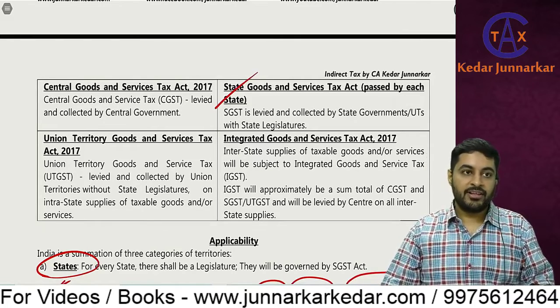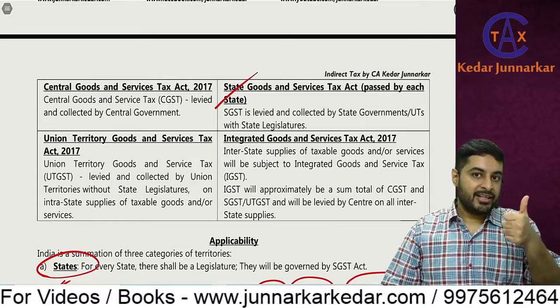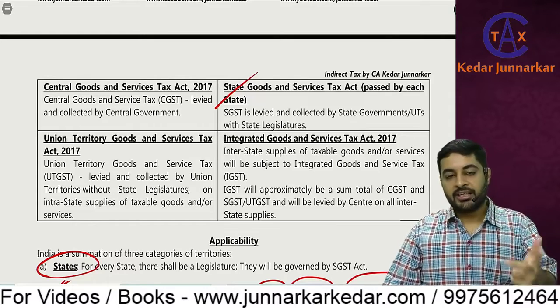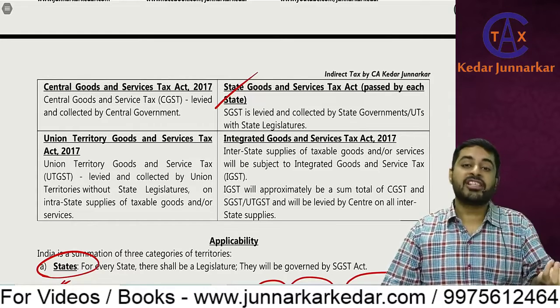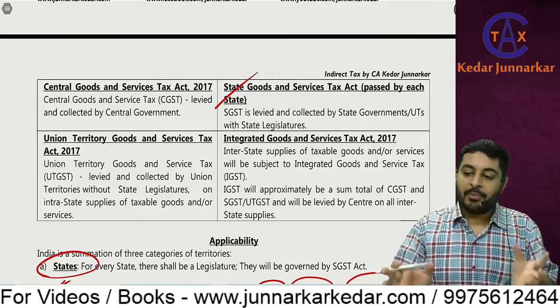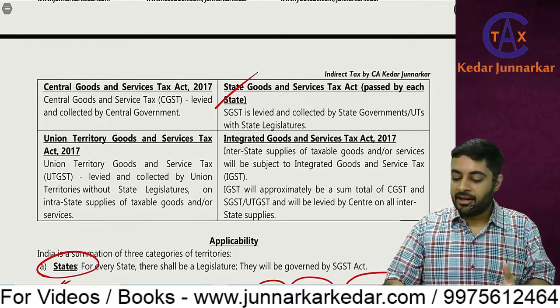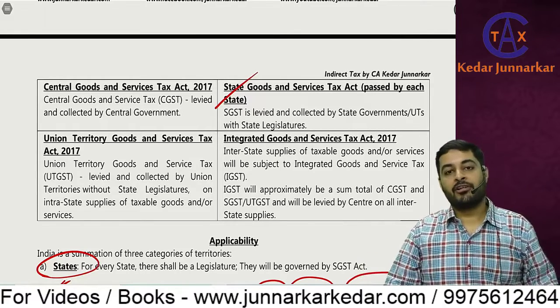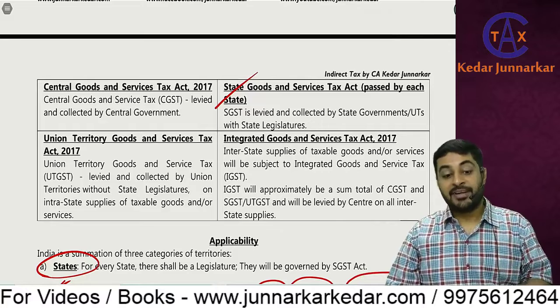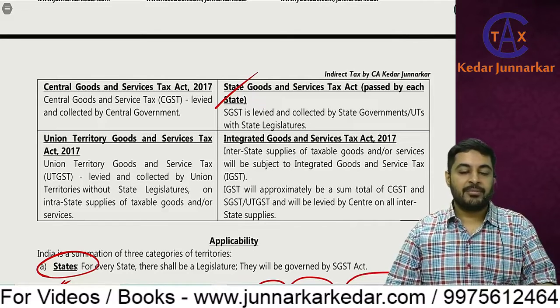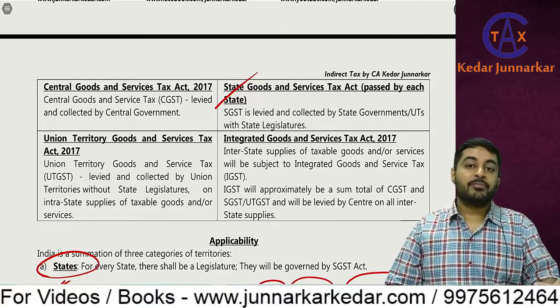So which are the three of them? First is Delhi, then Puducherry, which means Pondicherry, but on paper, in our government records, the name is Puducherry. It was a French settlement there, so French people called it Pondicherry.